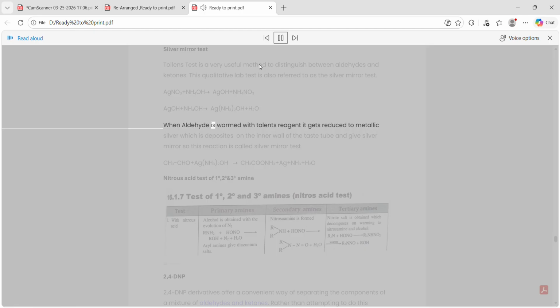When an aldehyde is warmed with Tollens reagent, it gets reduced to metallic silver, which deposits on the inner wall of the test tube and gives a silver mirror, so this reaction is called the silver mirror test. CH3CHO + Ag(NH3)2OH gives CH3COONH4 + Ag + NH3 + H2O. Nitrous acid test of 1°, 2°, and 3° amine.